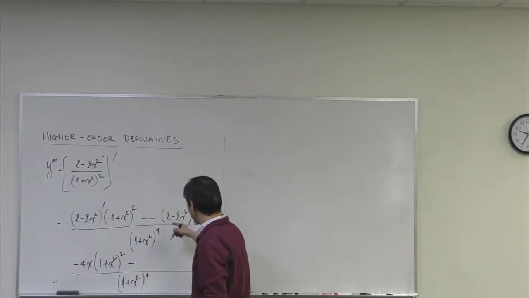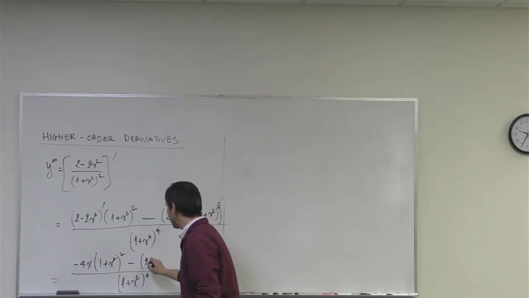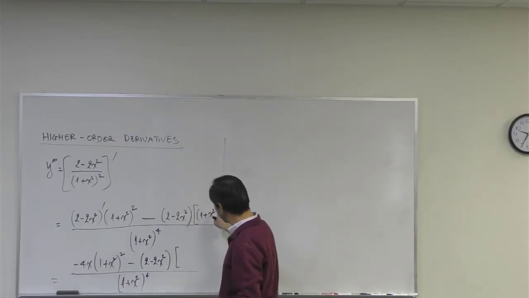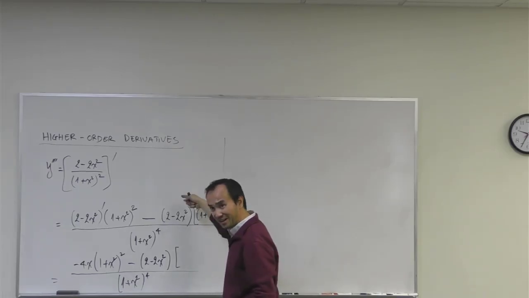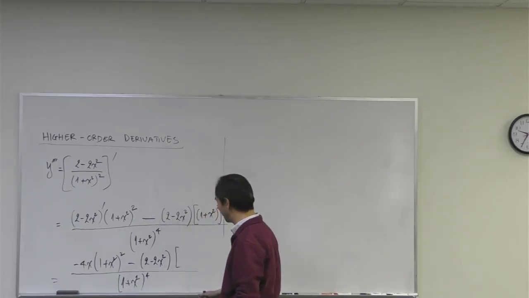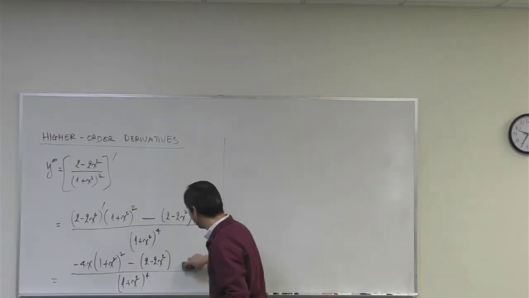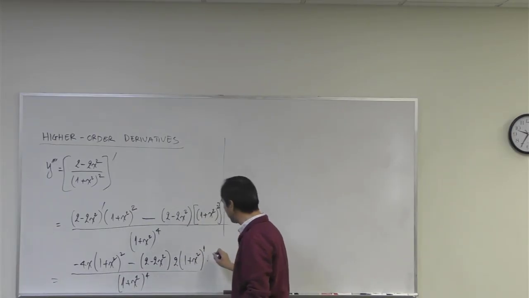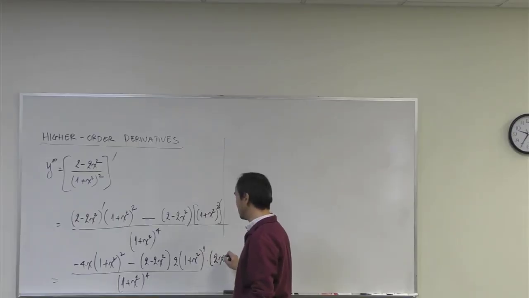The 2 minus 2x squared stays the same. And now we're taking the derivative of that square. There's a 1 plus x squared inside of the power, so be ready for the chain rule. So now we're looking at 2 multiplied with the whole 1 plus x squared, reduced down to the first power, but that inside we have to take the derivative of, making it a 2x.